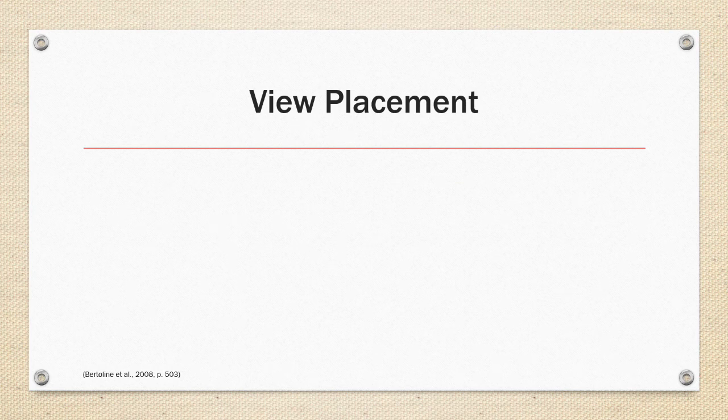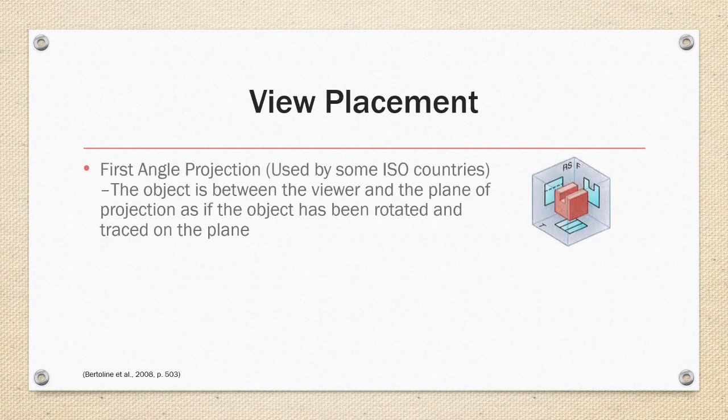There are two conventions used for the placement of views in orthographic projection. First angle projection, where the object is in between the viewer and the plane of projection. The view is projected as if the object face has been rotated and traced or imprinted on the plane.